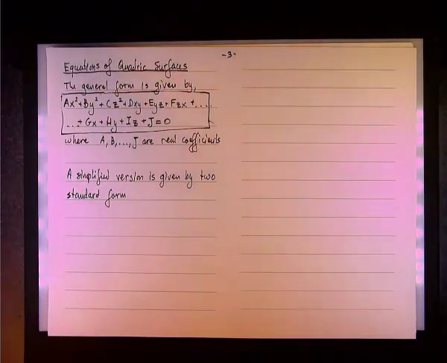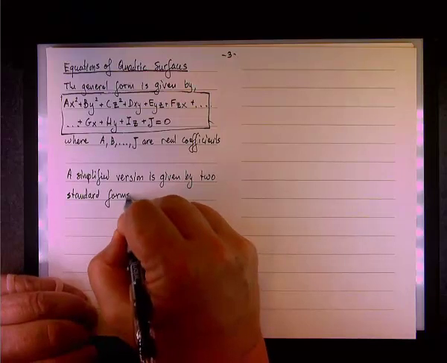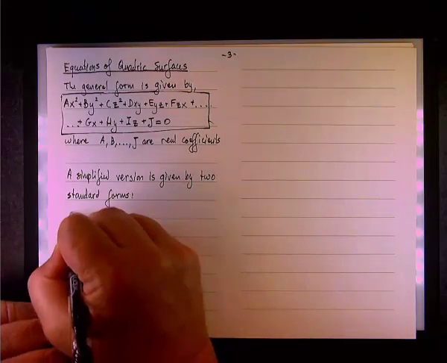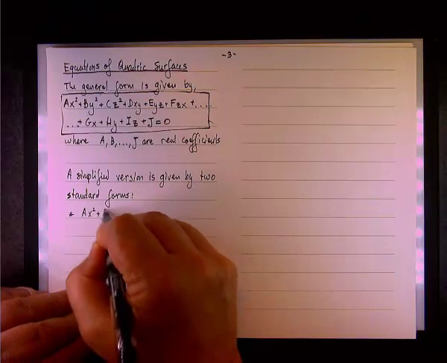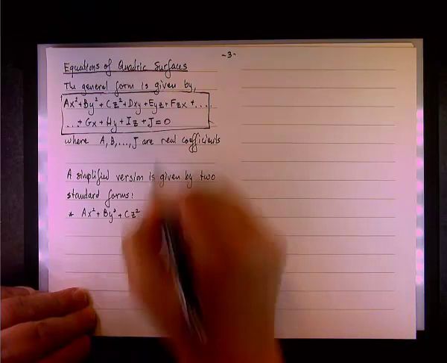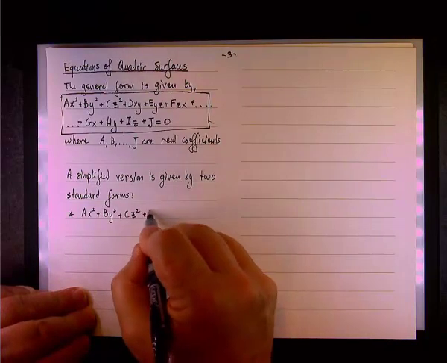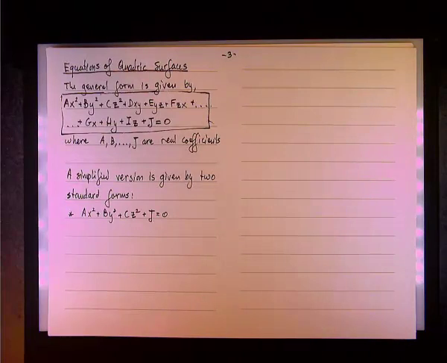Remember, whenever we say standard, we usually mean put everything on one side and 0 on the other side. So we have two standard forms. One, only the x squared, y squared, z squared, and the J survive.